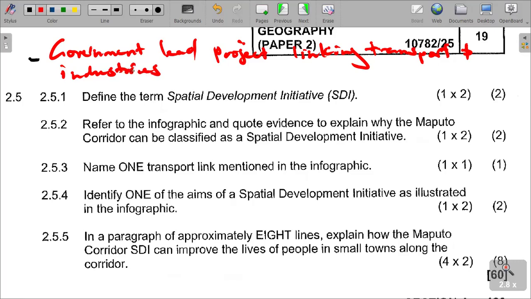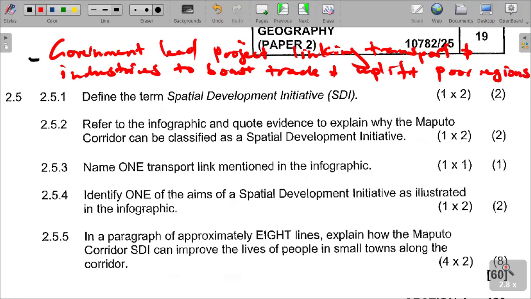Linking transport and industries to boost trade and uplift poor regions.